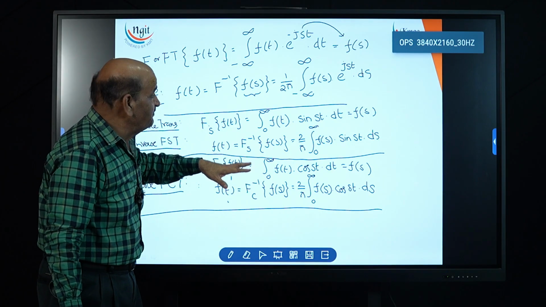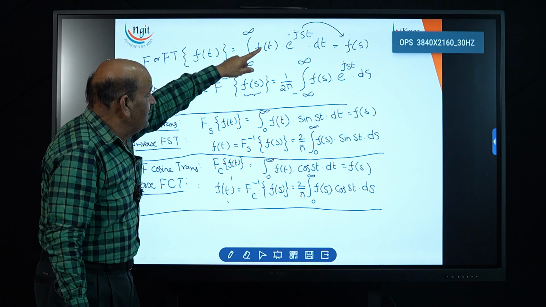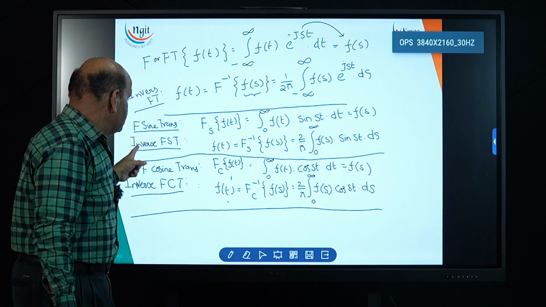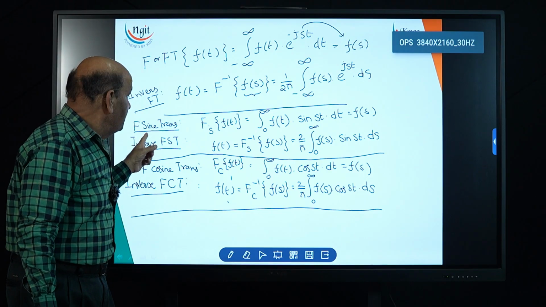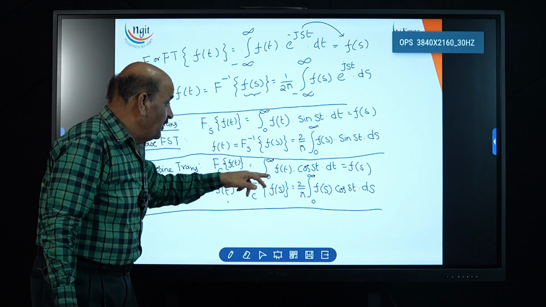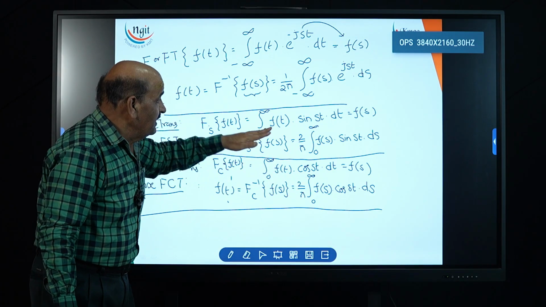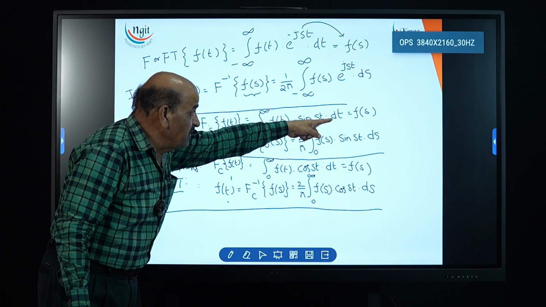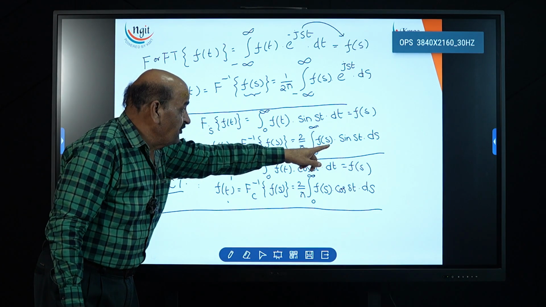In the previous one, the exponential term will occur, but in these cases, sine means only the sine term will appear, and cosine means only the cosine term will appear. In the sine transformation we integrate with respect to dt, but in the inverse with respect to s.